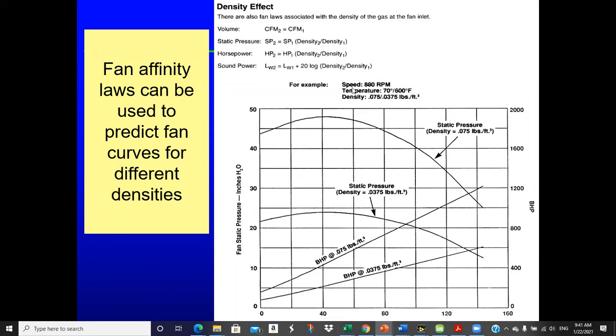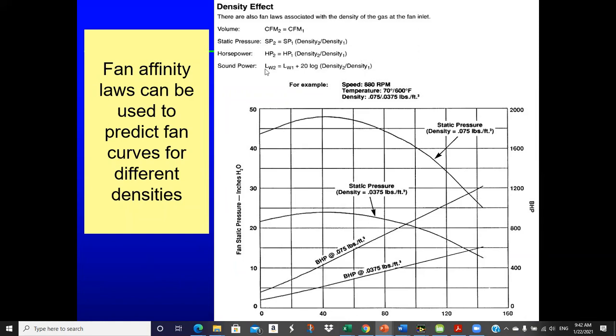For this example, we've got 800 RPM. We started at standard conditions, 70, and we raised it to 600. Now that's a pretty extreme change in temperature, but that was done in order to get the density to fall to half of what it was before. So I'm not saying this is terribly practical, but nonetheless, it's certainly not impossible.